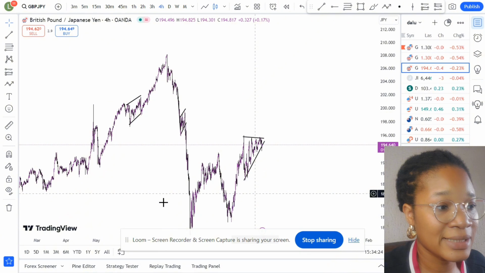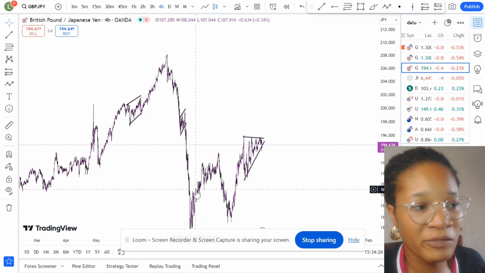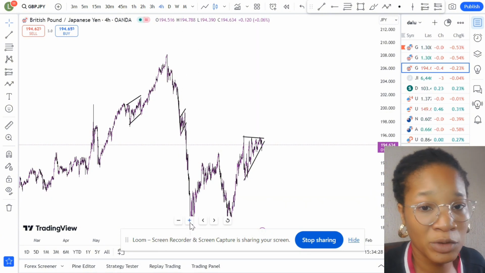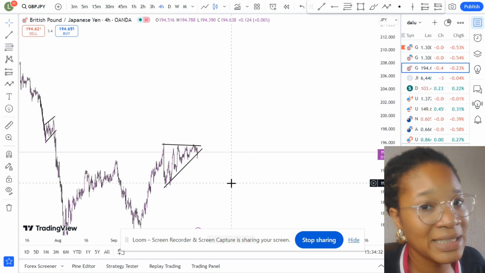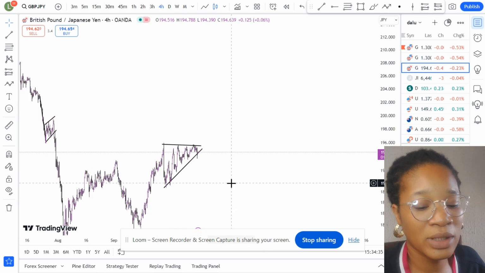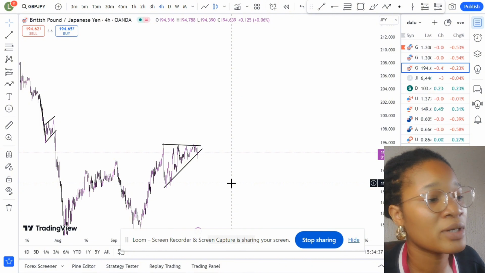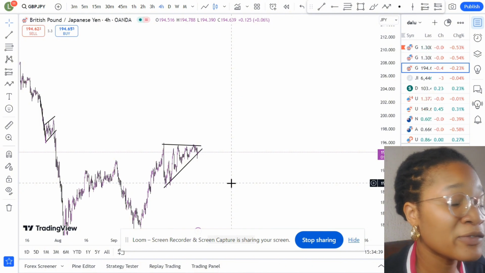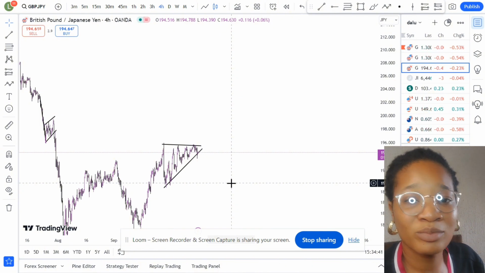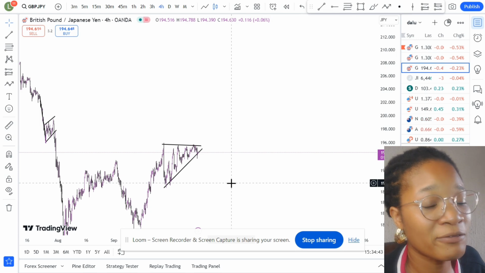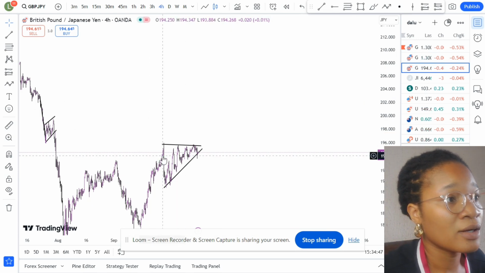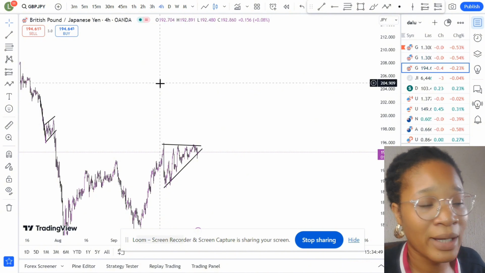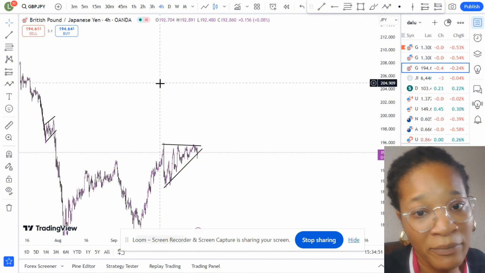Now, like I said in the other reversal chart pattern video, you can find these chart patterns on any time frame and on any security, whether you trade crypto, stock, or forex, whether you trade 15 minutes, 30 minutes, 1 hour, daily, weekly, monthly. You can find them on all markets. You can find them on all time frames.